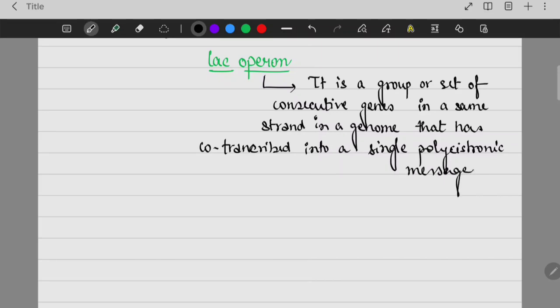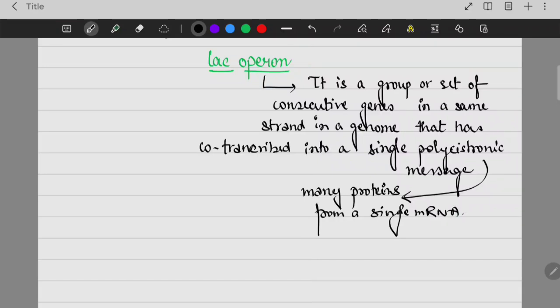Okay. Now here polycistronic means many proteins. Okay, many proteins from a single mRNA. So this is basically the operon concept.